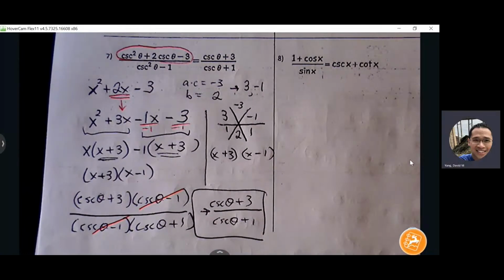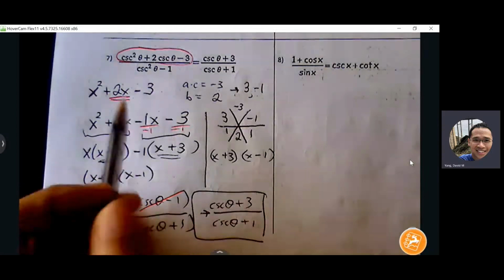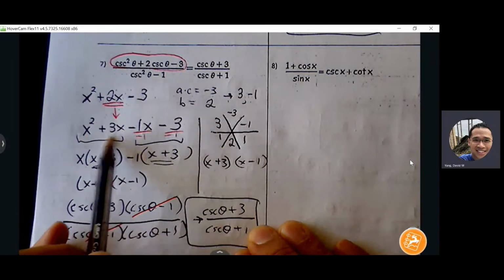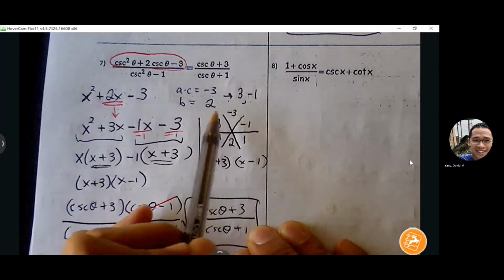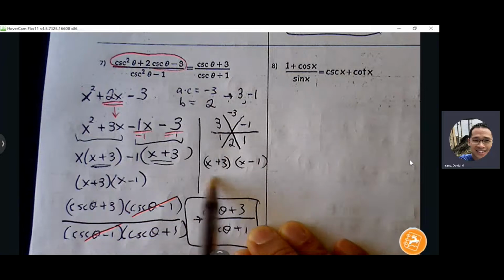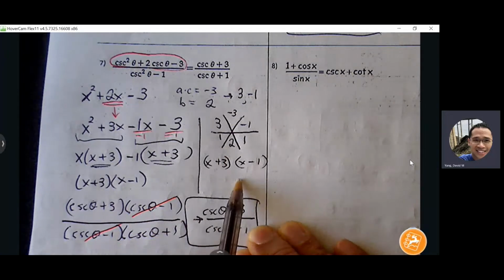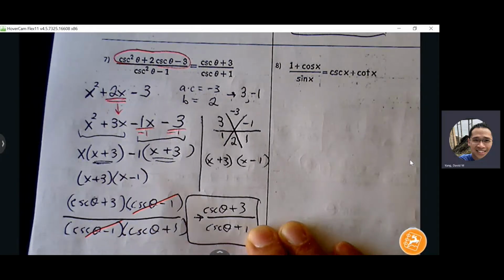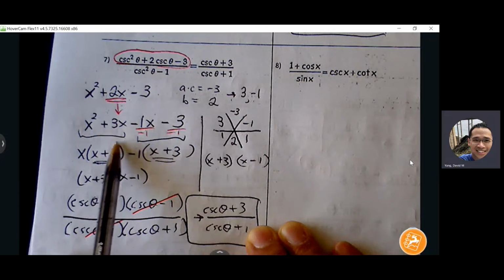Yes. X squared plus 2x minus 3 to x. Oh, that's grouping method. If you want to factor with grouping method, you can go through this method. But if you're comfortable with star method, then you can just go from here to here. Is that how you factor with star method or with grouping method? Like minus 2 minus 1.